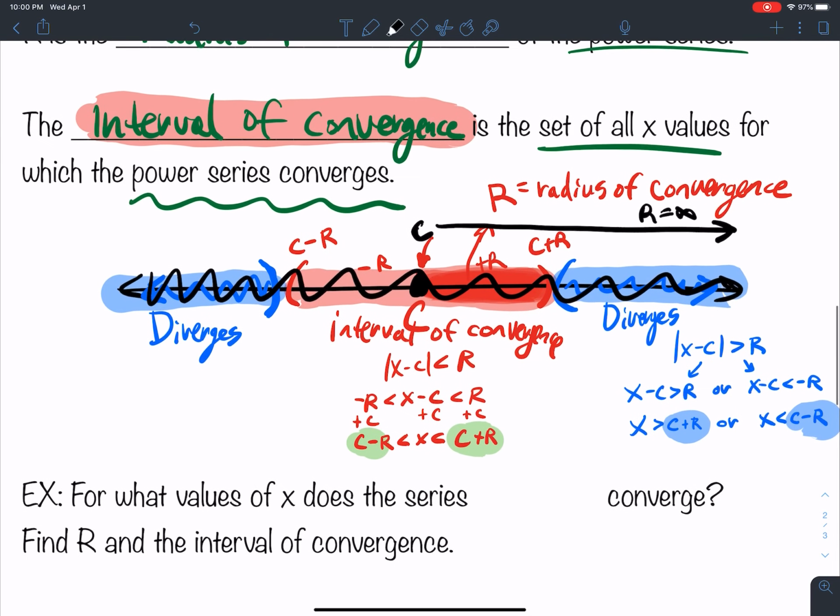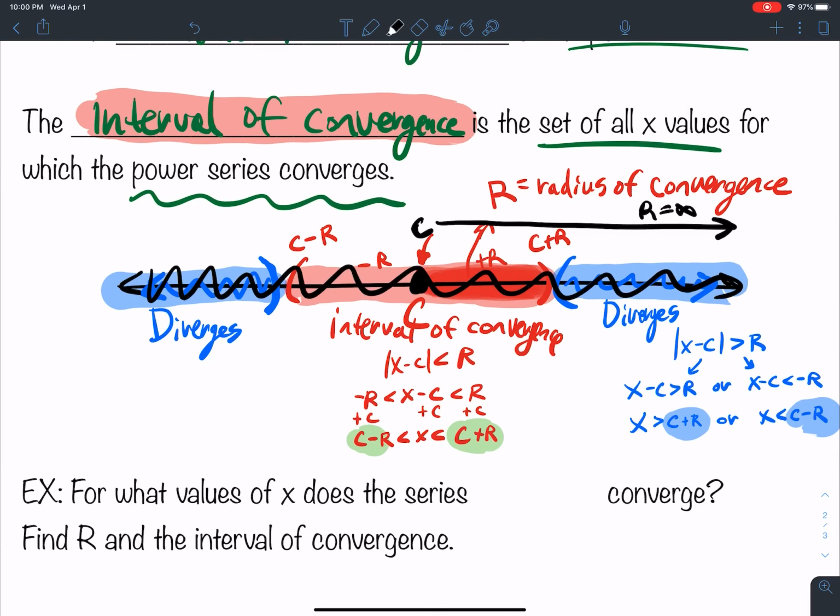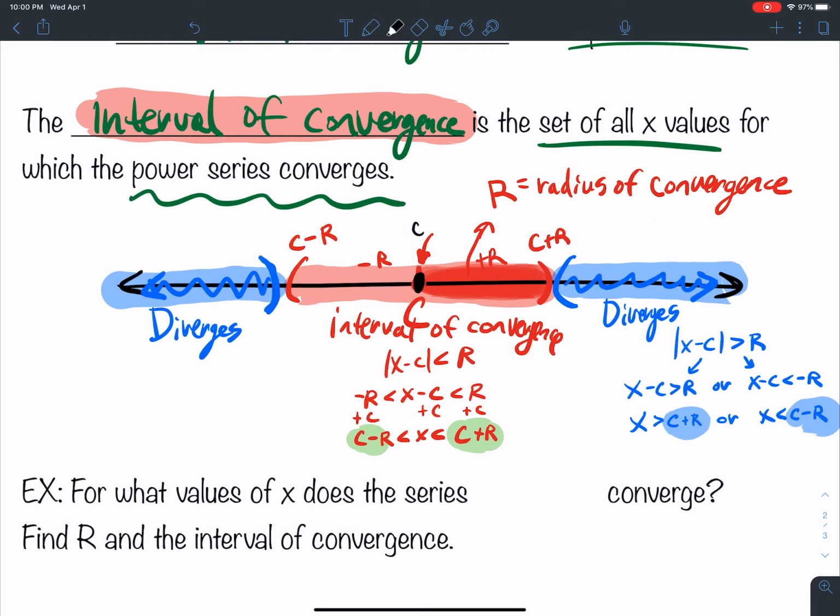All right, so here's what we're going to do. We've kind of played around with every scenario, except for this point here and this point here. So what happens at the actual endpoints?